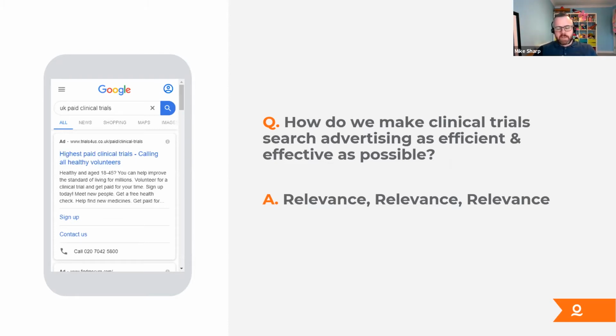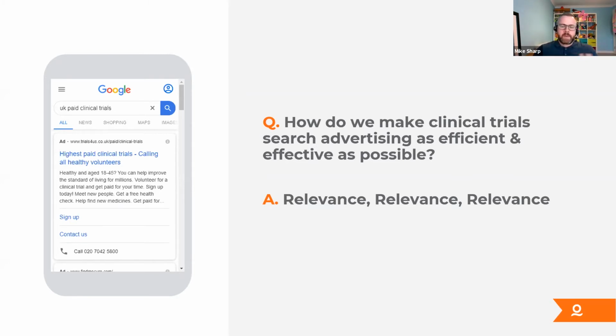If we break it down into the three parties involved here, we've got Google, the advertiser, and the user. From Google's perspective, they want to show a good user experience. For people to come back and use Google again and again, when they search for something, it needs to be a relevant ad. I think everyone has been in a situation where they see an irrelevant ad and it's infuriating.